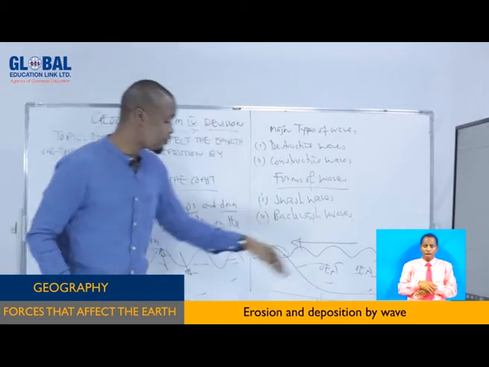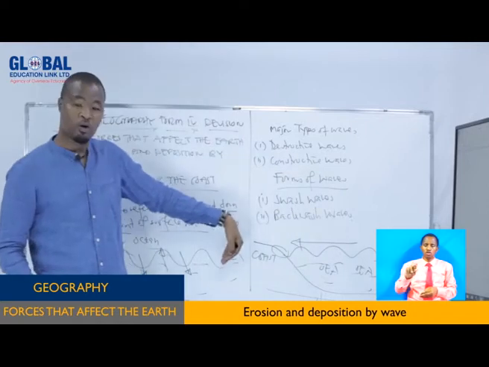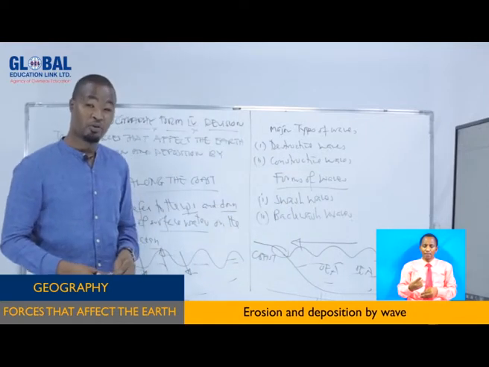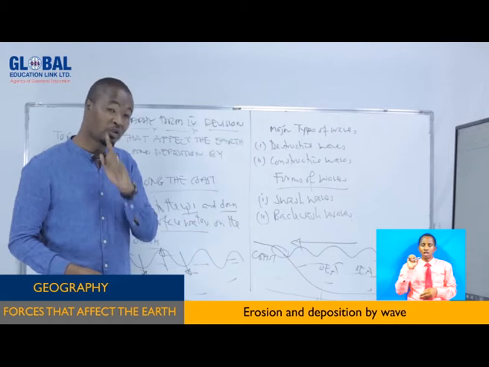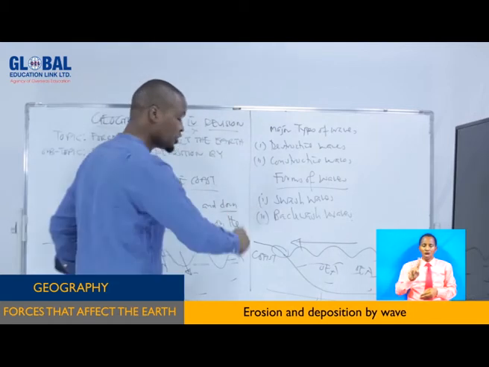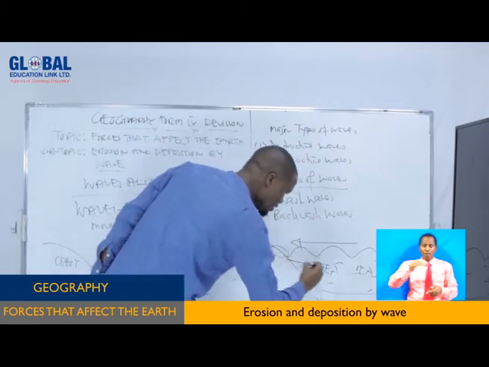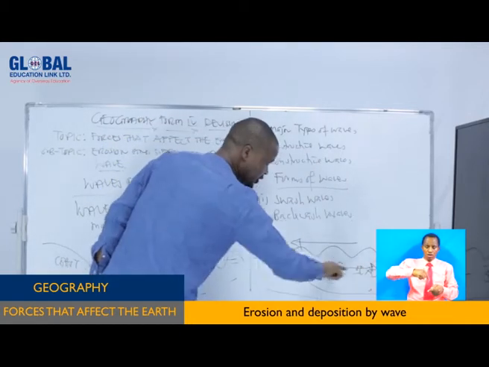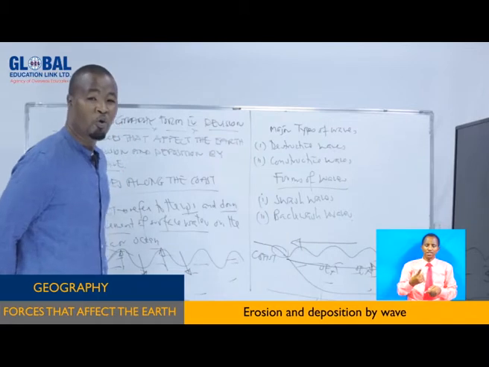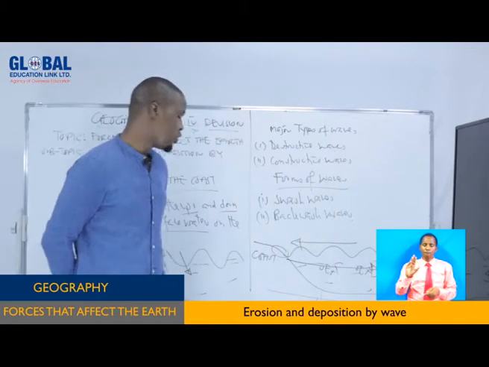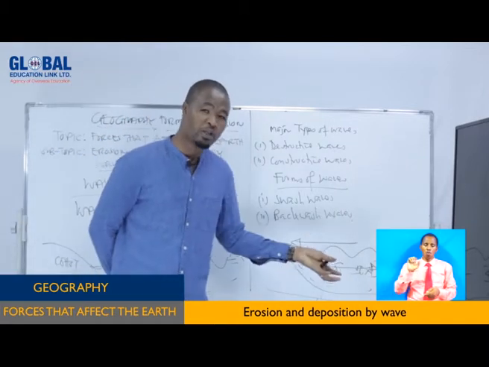We call them the swash waves. But the wave which returns back to the sea from the coast is called the backwash wave. This one is the backwash wave. So we have two forms of wave right here: the swash wave as well as the backwash wave. So what happened?